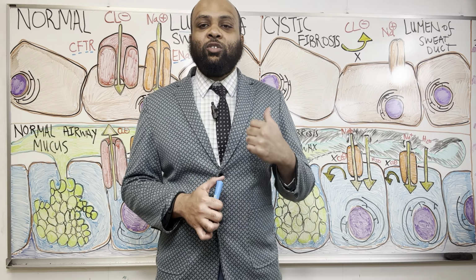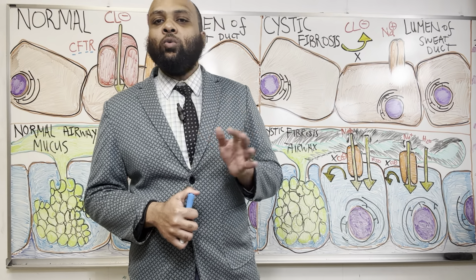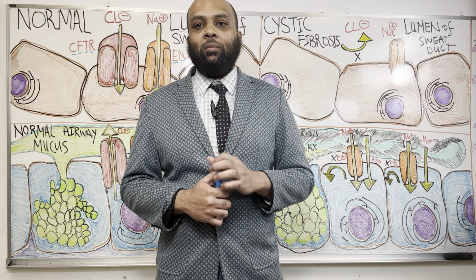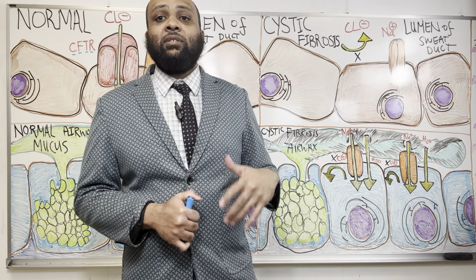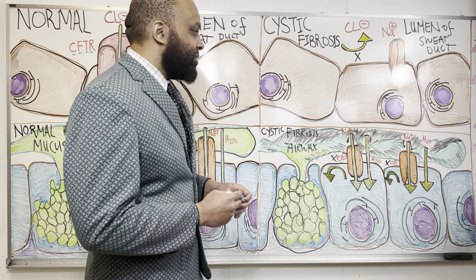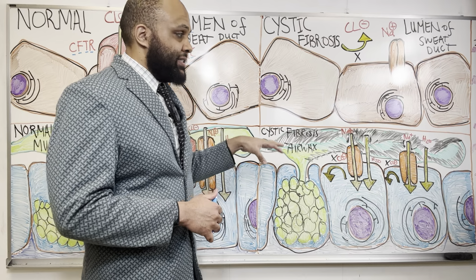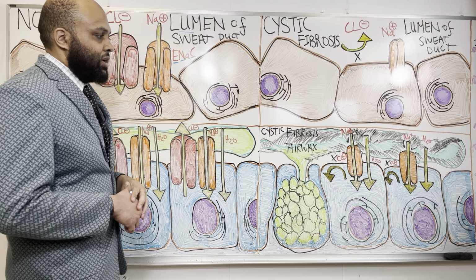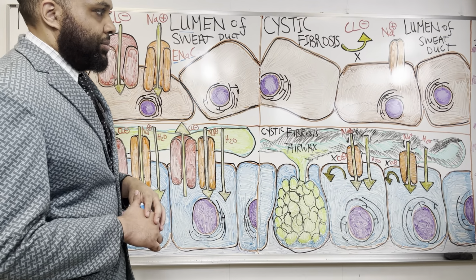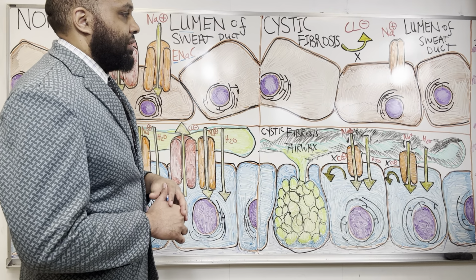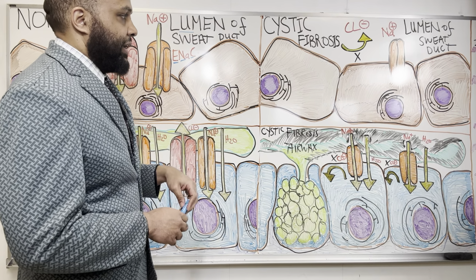That's why these patients with cystic fibrosis are always suffering from lung infections, in fact sometimes dying from it, because the bacteria colonizes. Staphylococcus aureus colonizes in this thick mucus in the lumen of the airways.